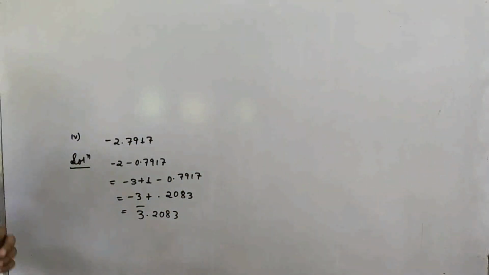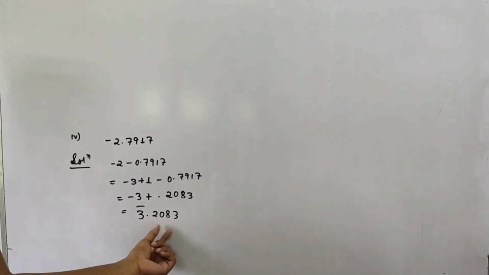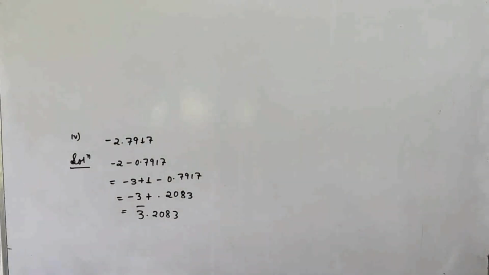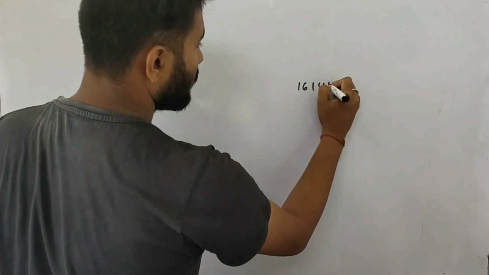Now you check the anti-logarithm table. So let me check the table also. 0.2083. So what is there for 0.2083? Check for 20 and then 8 and then 3. 20 and 8, okay, 208. 16144. It is 16144.